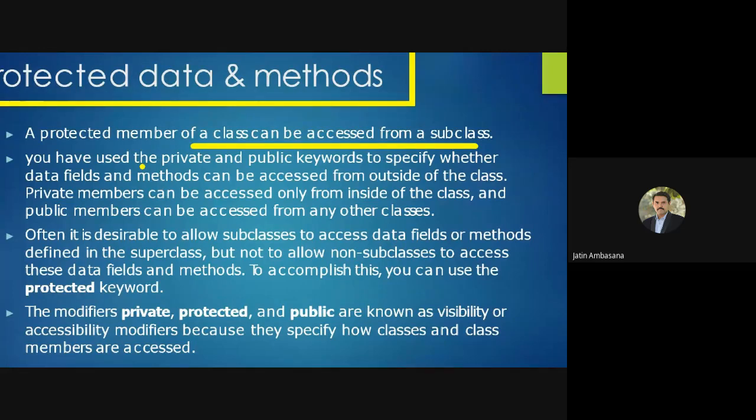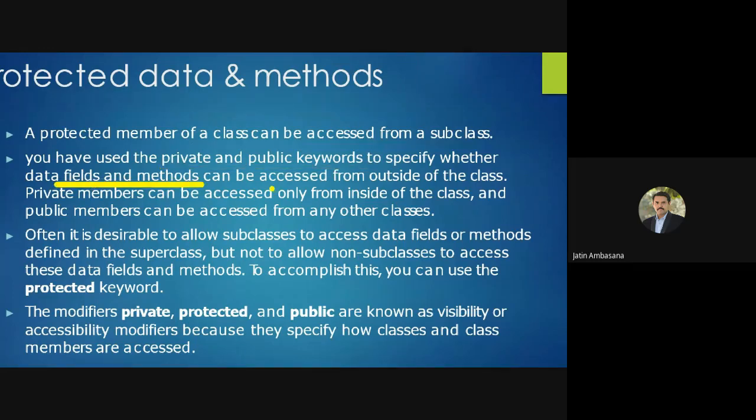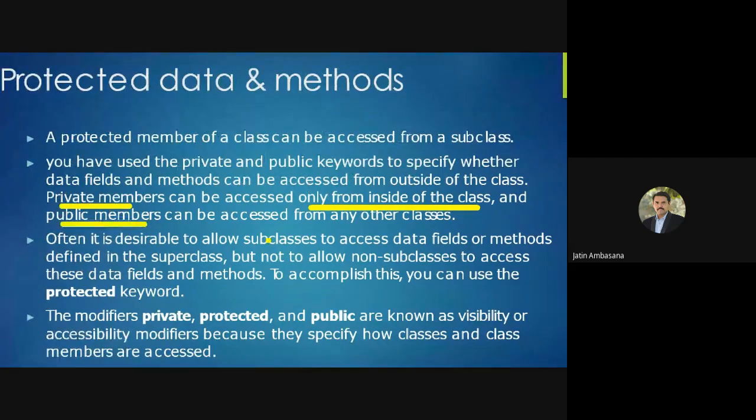We have used the private and public keywords to specify that the data fields and methods can be accessed either from inside or outside the class. If you say private, those members can be accessed only from inside the class. If you say public, then they can be accessed from inside the class and also from any other classes outside.